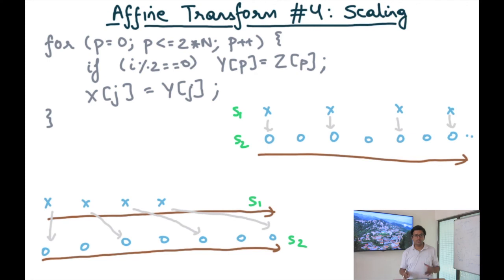If I was to draw the diagram for this particular transformation, recall that the original program looked something like this. I have n iterations of S1 and 2n iterations of S2, and my dependency edges look something like this. Whereas in my new transformed program, I have 2n iterations overall, of which only on the even values of this iteration space S1 executes, and on all iterations of this iteration space, S2 executes.